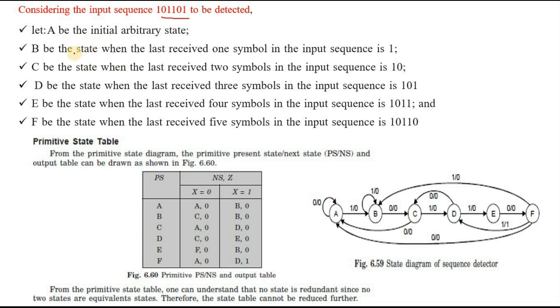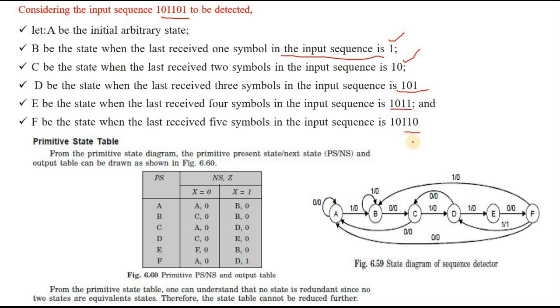Be the state when the last received one symbol in the input sequence is 1, and last two symbols 1 0, and 1 0 1, double 1 1 0, double 1 0, and finally 1.